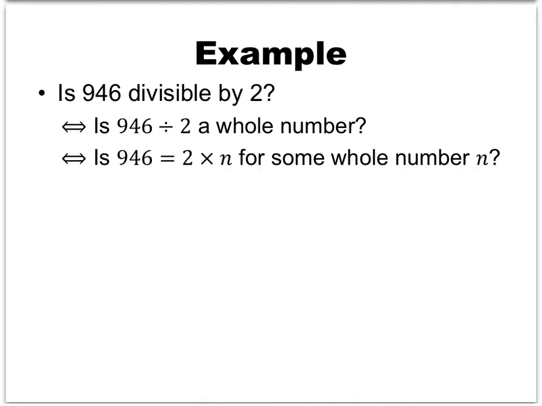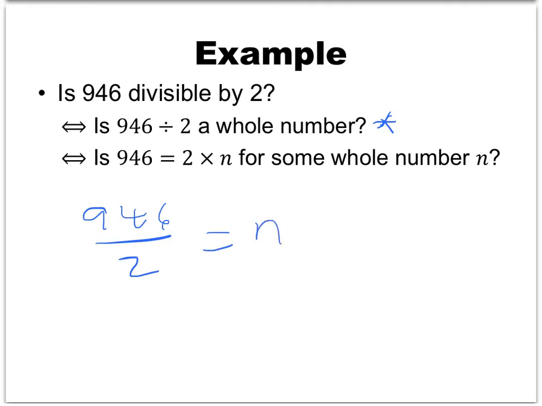Well, now let's restate this in a third way using the connection between division and multiplication, and state it, is 946 equal to 2 times n for some whole number n? Now where does this idea come from? Well, let's take this second expression and rewrite it like this. 946 divided by 2, does that equal a whole number?